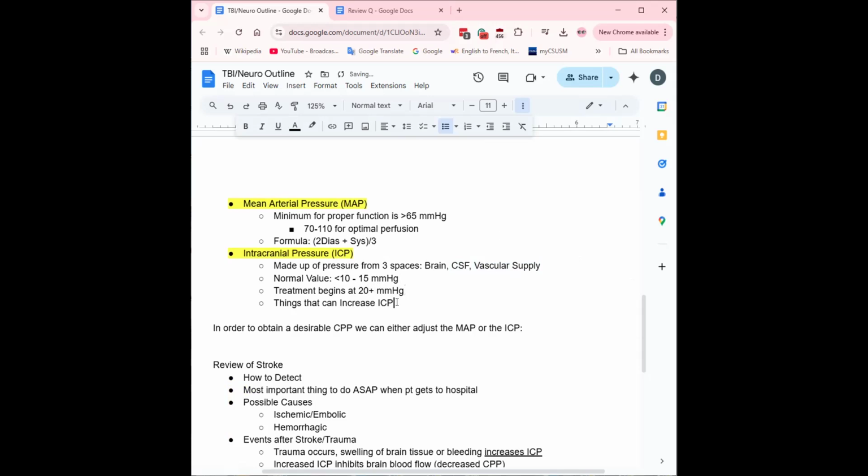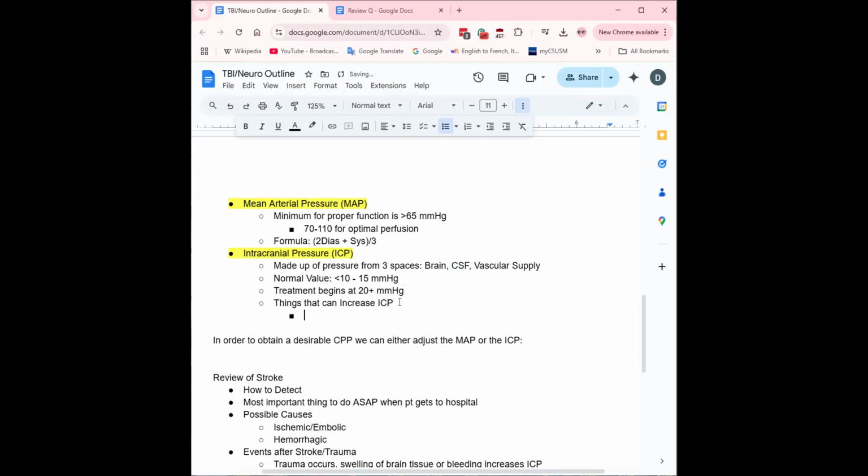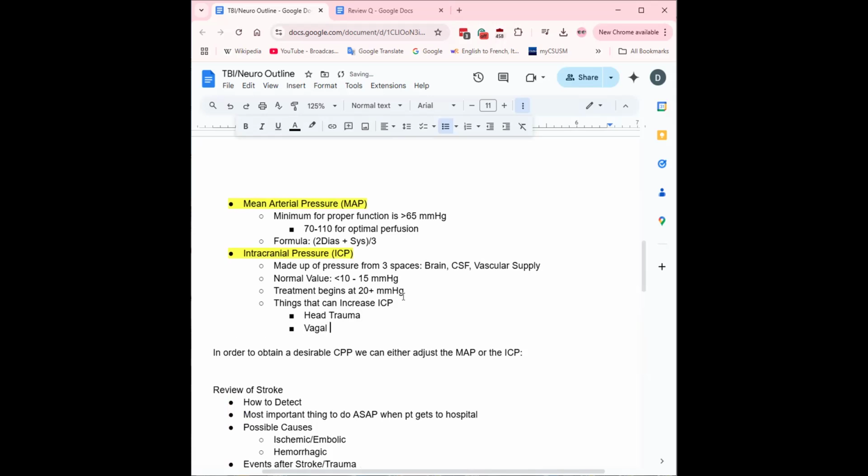And what are some things you can think of that can increase the ICP? Think about trauma, head trauma. That can definitely do that. Coughing, yes, that has to do with the vagal response, so coughing, bearing down.